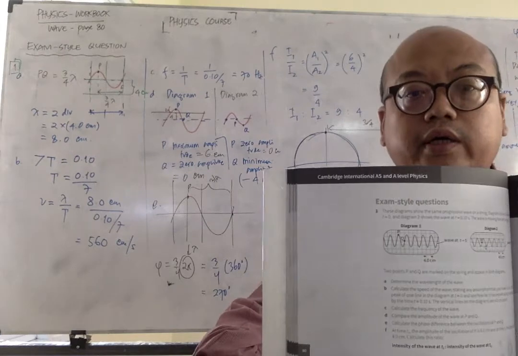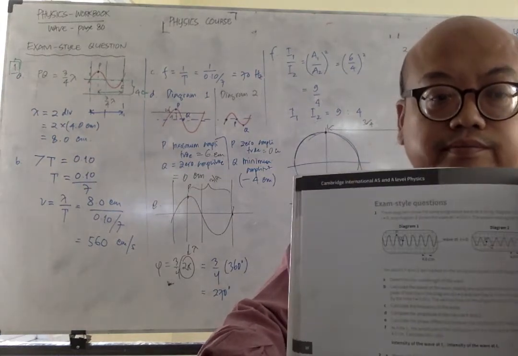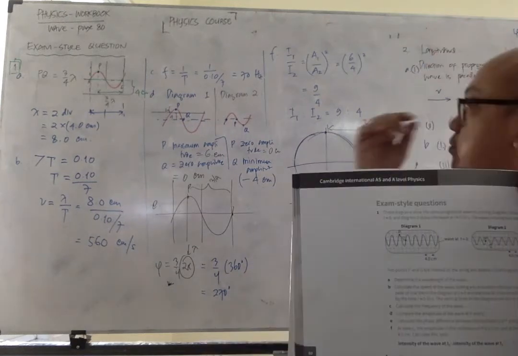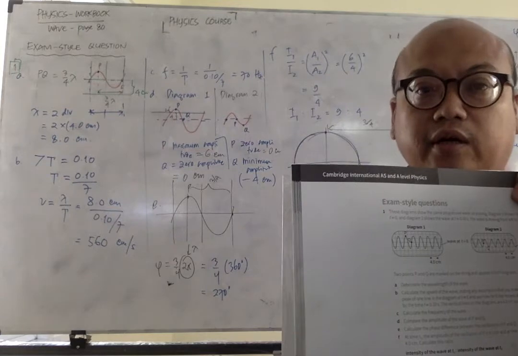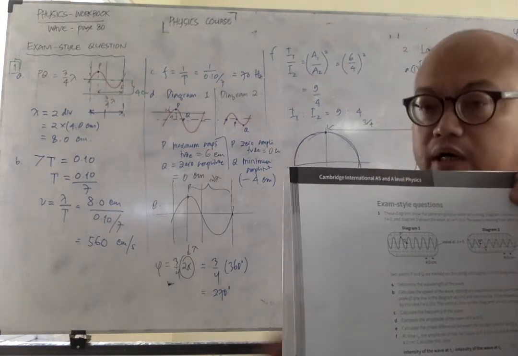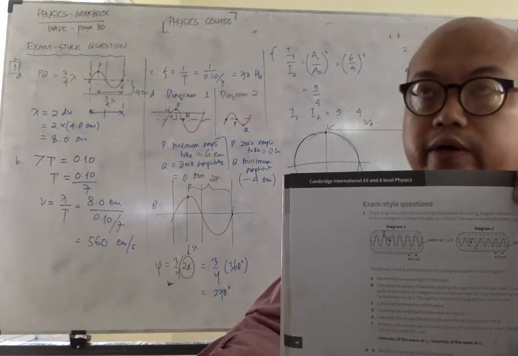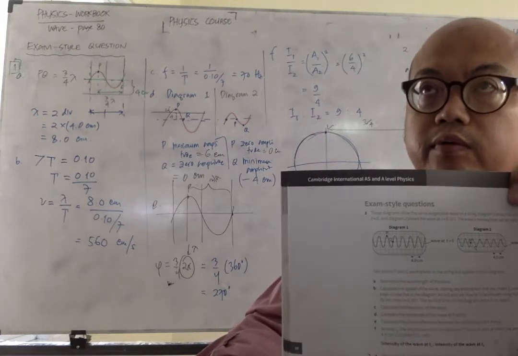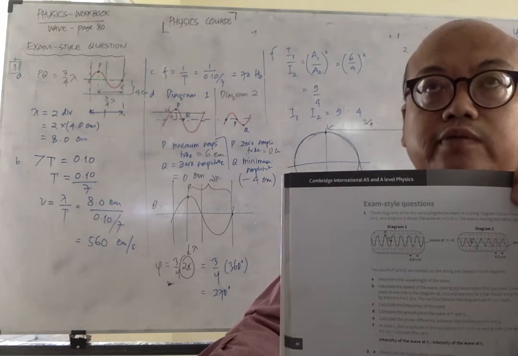Question one is about the wavelength between P and Q. In this diagram, one square, one row, is 4 centimeters.